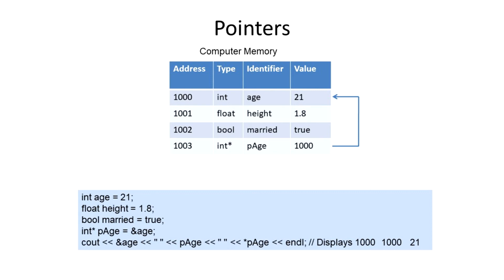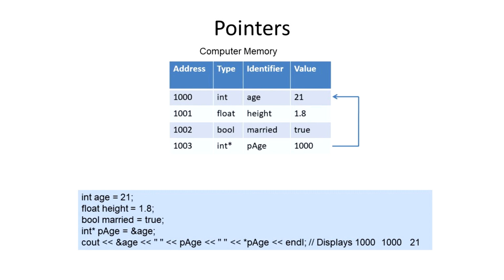It's got an identifier of ph, short for pointer of age. And notice the value is the memory address, 1000 in this case, of the variable for age, which has the address of 1000. So there you go, there's a visual aid to help your understanding of pointers. It's quite an abstract subject, I do appreciate that, so hopefully this visualization will help.